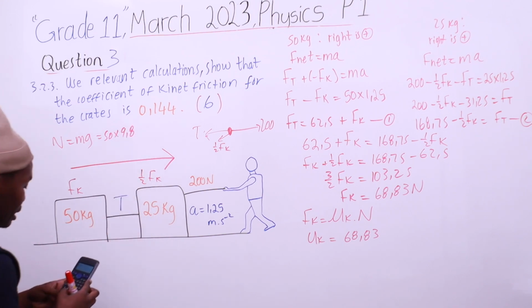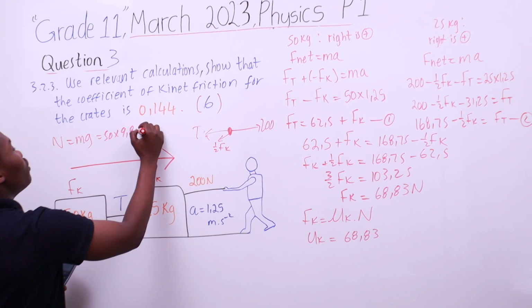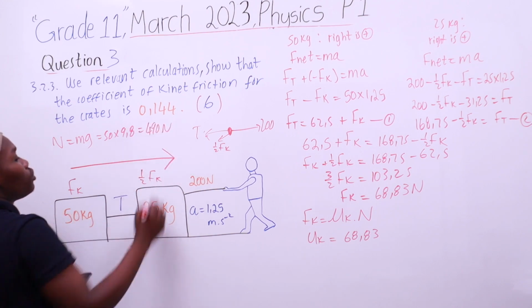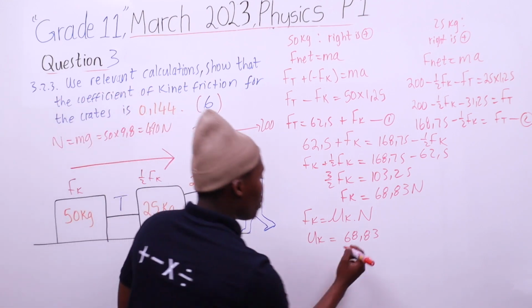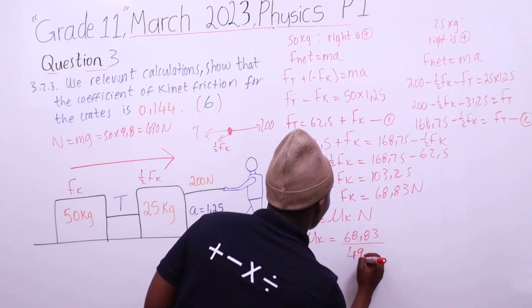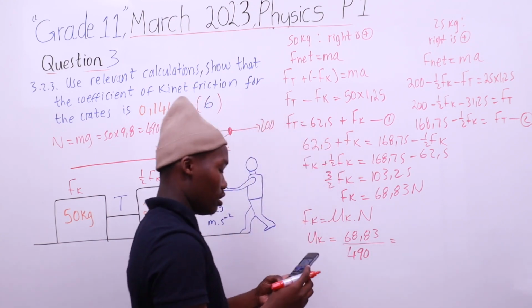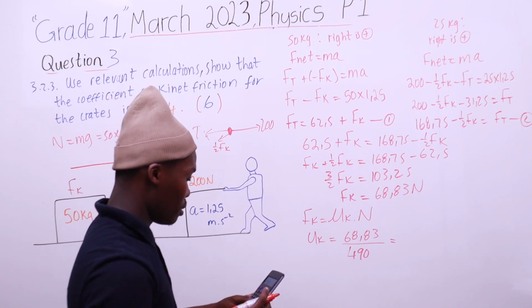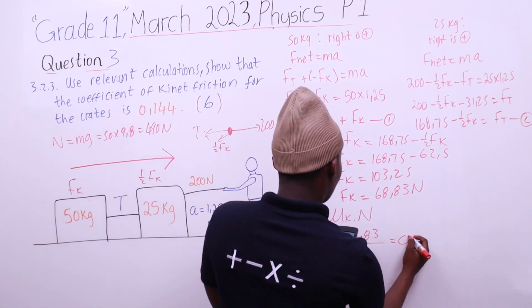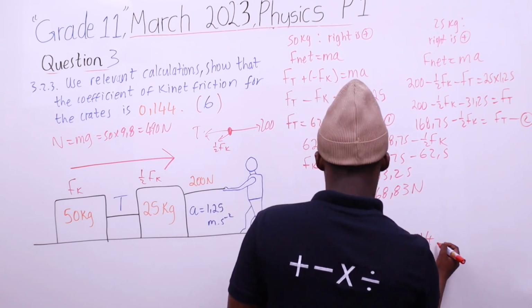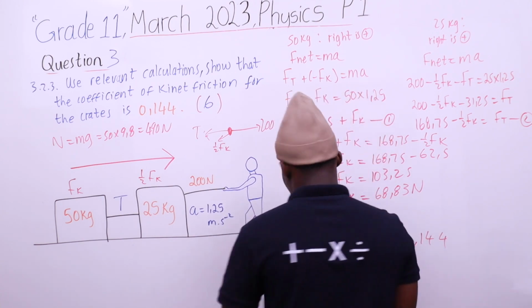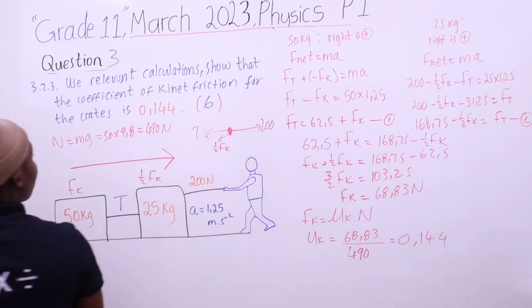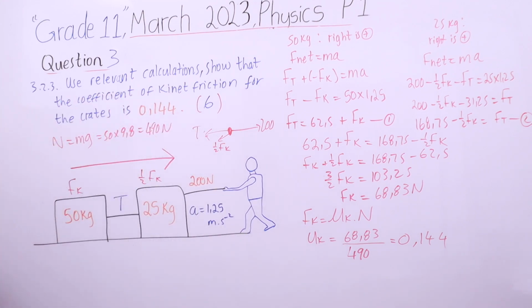So 50 multiplied by 9,8, 490 newtons. So divide and 490 and then 68,83 divided by 490 snikeza 0,144. So we have proven ukuthi ngempela the coefficient of kinetic friction for the two crates is 0,144.